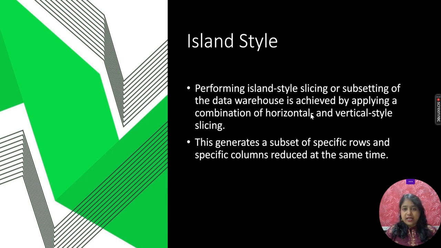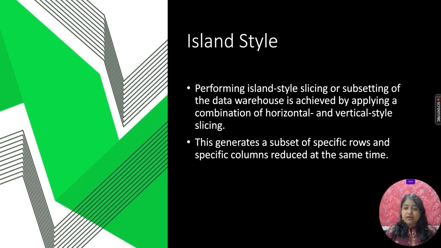Now, island style slicing. Performing island slicing, or subsetting of the data warehouse, is achieved by applying a combination of horizontal and vertical style slicing. This generates a subset of specific rows and specific columns reduced at the same time. So it means that we remove specific rows and specific columns from the data set.